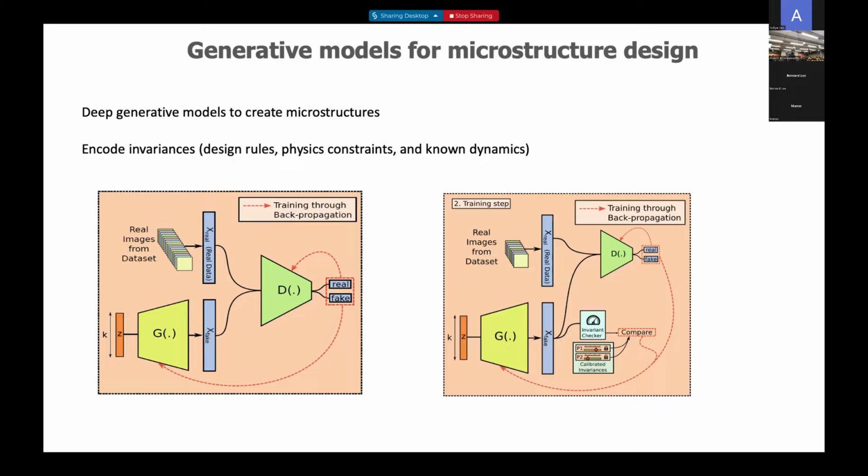I'm going to talk about that, hold on for 6 slides. The idea is that the test function is simple. I'm going to show an example where the invariance checker is simple: I check, does it have a certain volume fraction? Does it have certain 2-point correlations? That becomes easy to use. But if my invariance checker requires that I solve a PDE to figure out if it's satisfying certain constraints, then it becomes more difficult.